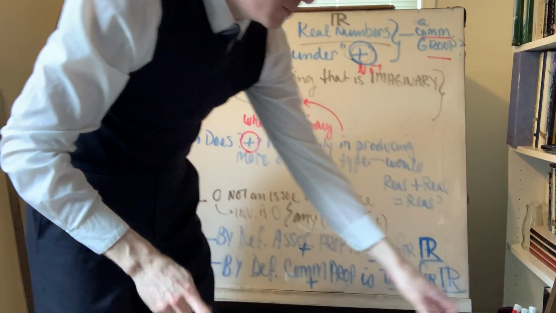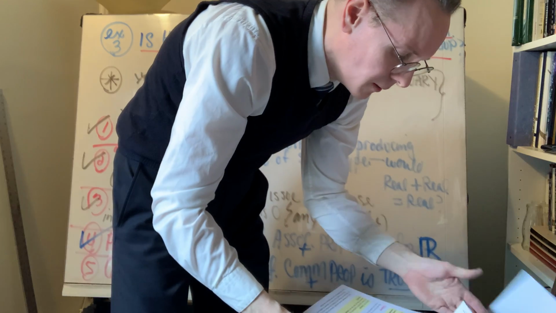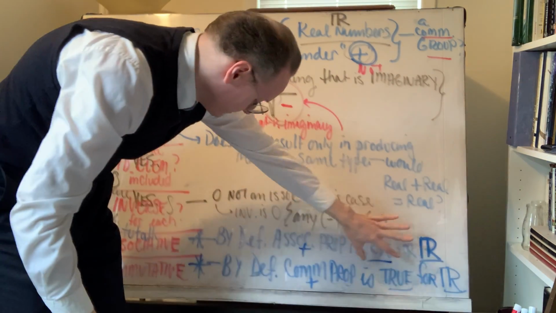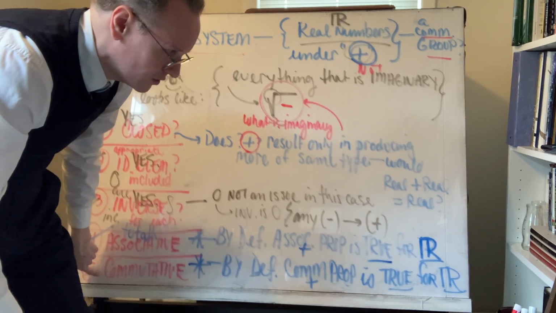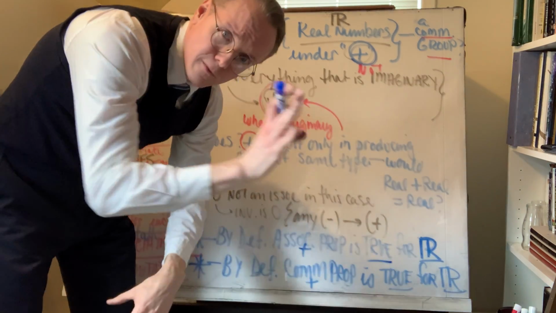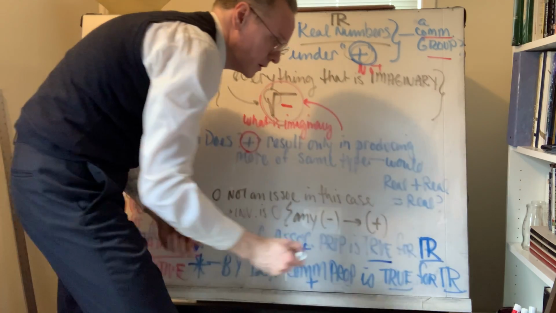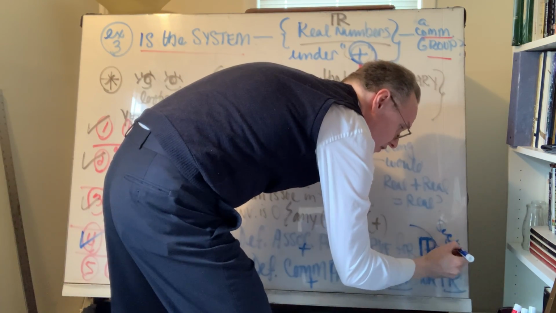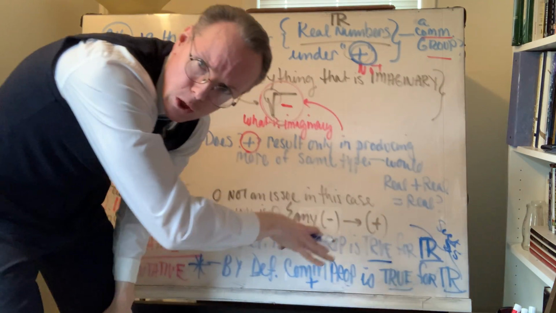Let me point at something just to give you maybe a little bit more security. That information about associative and commutative, those properties insofar as our textbook is concerned, came from section 5.5. It is established fact already.